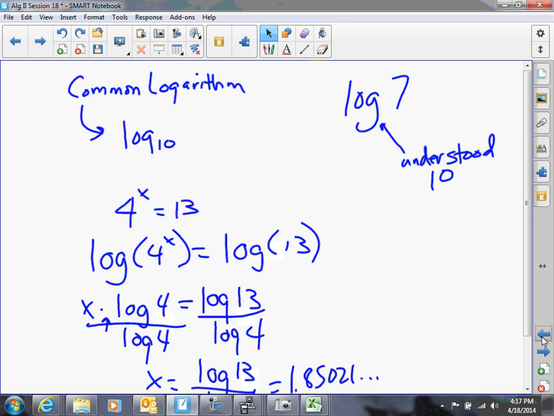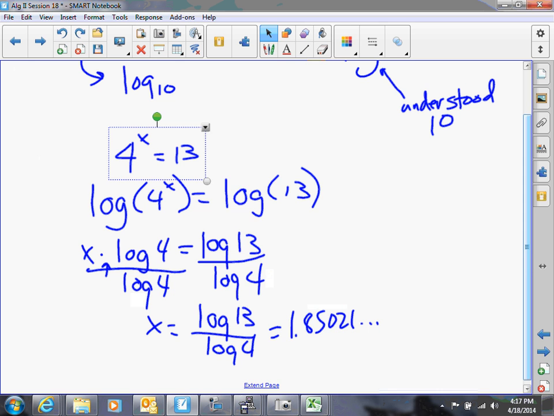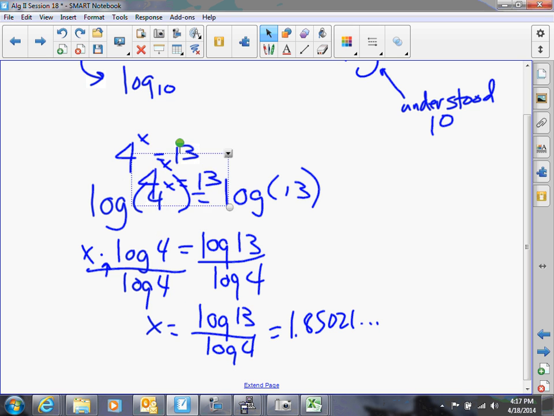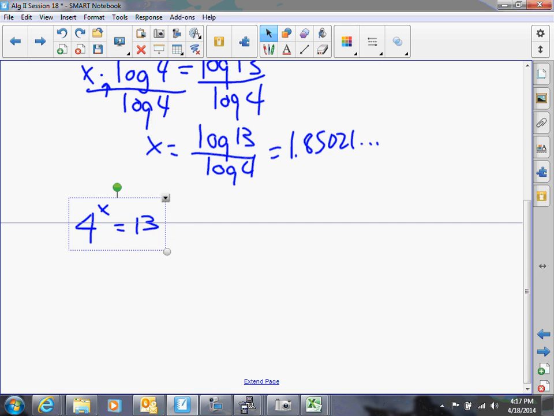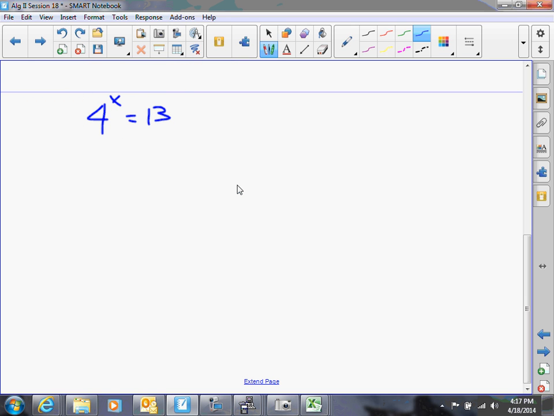Now, let's go back and revisit this problem right here. What we've got is 4 to the x equals 13. Now, what we're going to do is rewrite this equation in logarithmic form.